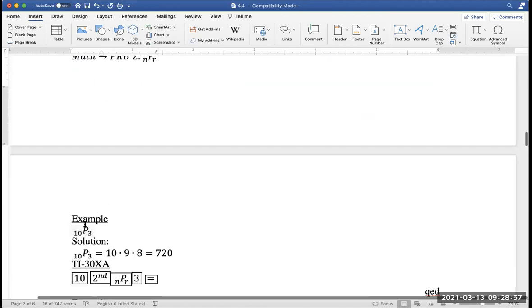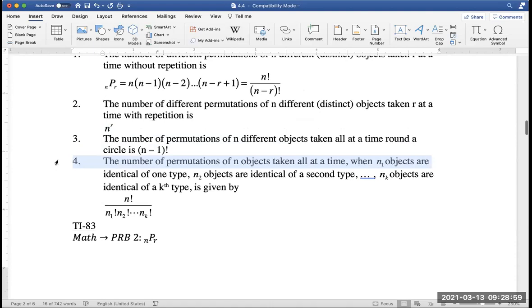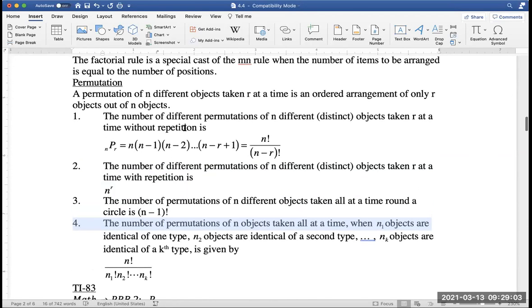Professor, so permutation can only be used with replacement? No. There's without and there's with, two different formulas. The NPR symbol can only be used when you're doing without replacement.